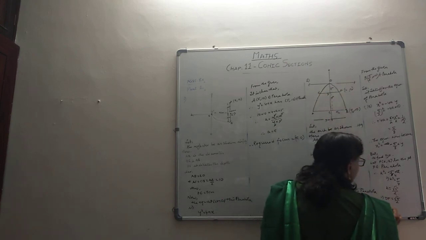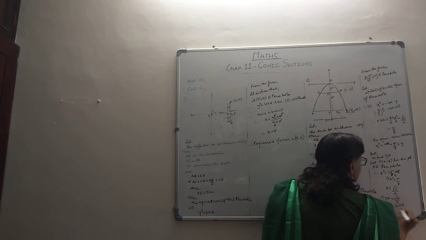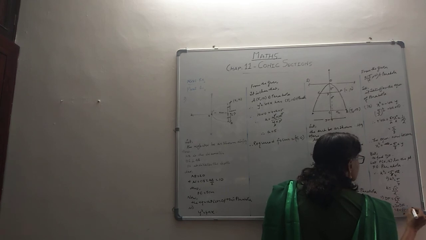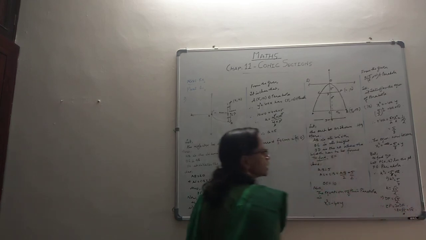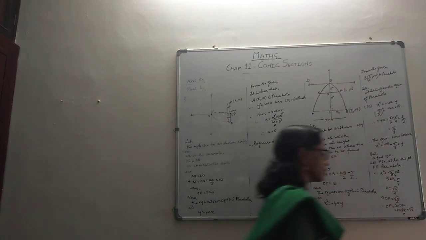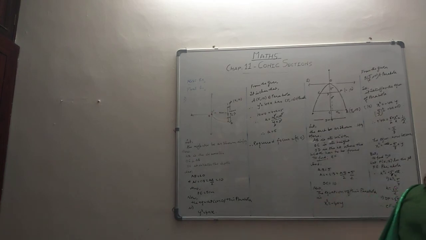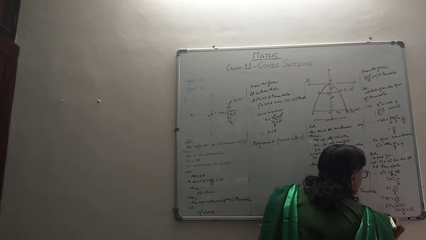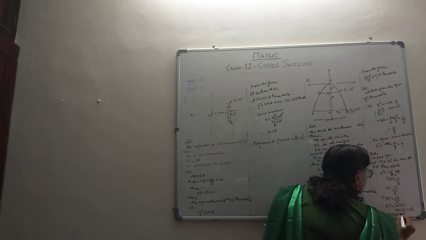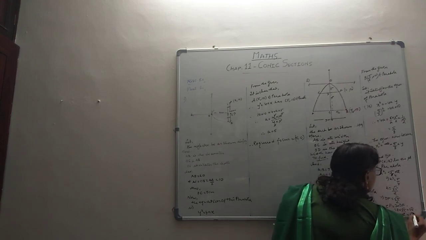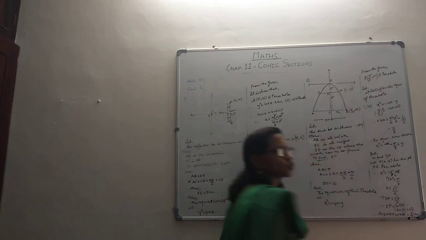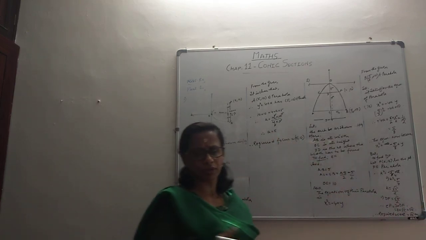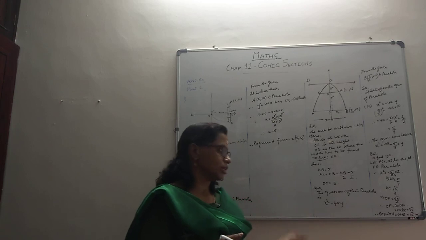So EF is going to be double of it, that is 2 into root 5 by 2, that is root 5 itself. So that is the required width. Therefore the required width is root 5 meters, 2.23 whatever. Otherwise you can leave it like this.